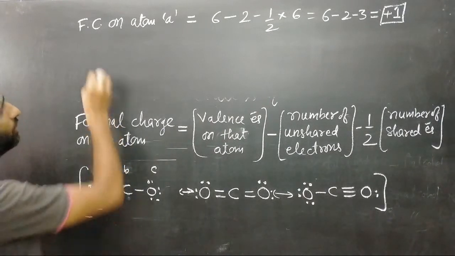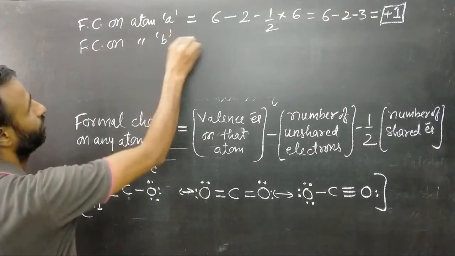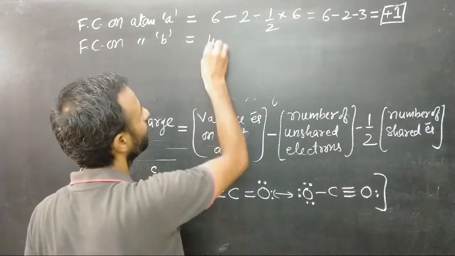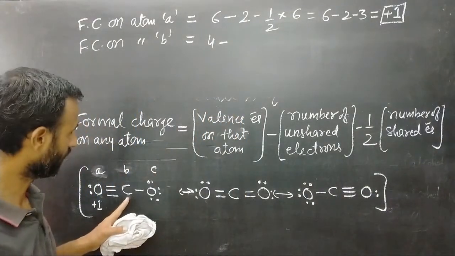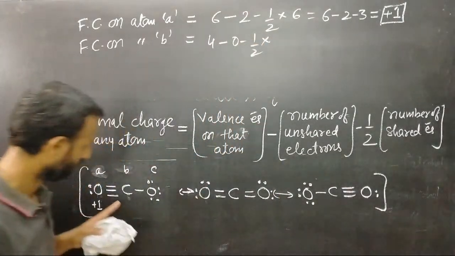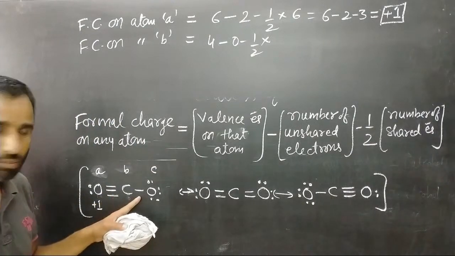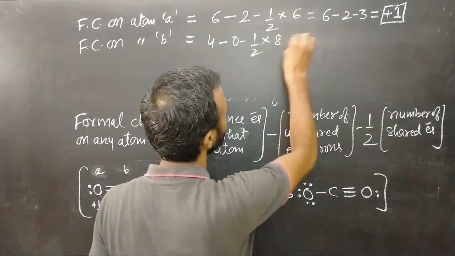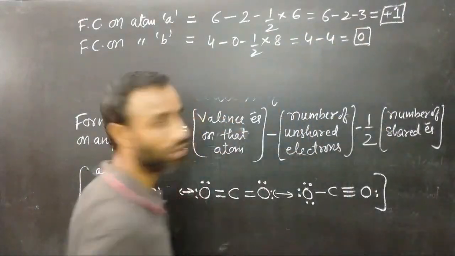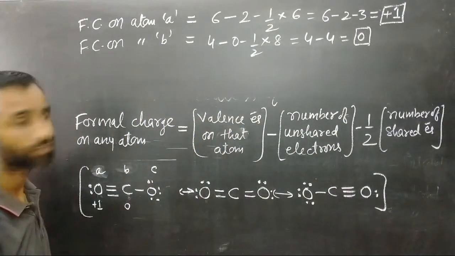What about carbon? Formal charge on atom B. So valence electrons of carbon are 4, minus unshared 0, minus half of shared. So 1, 2, 3, 4 bonds mean total 8 electrons. So 4 minus 4 means 0. So formal charge on this is 0. What about this?